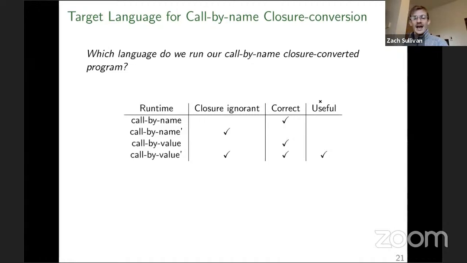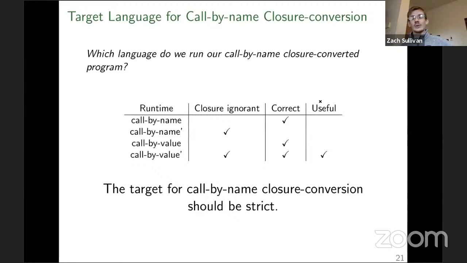The language that has it all is this call by value prime language that doesn't create closures and is correct. So we consider that the useful one. If we're going to do closure conversion on a call by name language, the target language ought to be strict if we're actually going to capture closures.